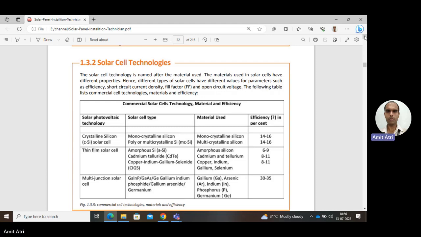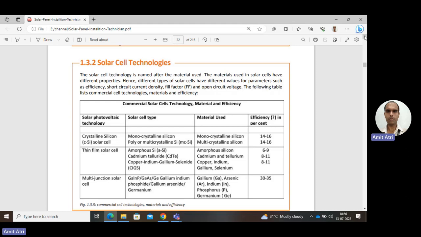Next technology is thin film solar cell. The solar cell types are amorphous silicon, cadmium telluride, and copper indium gallium selenide, three types. Correspondingly, amorphous silicon is used for the amorphous silicon solar cell, cadmium and tellurium for the next type, and copper, indium, gallium and selenium for the next one.